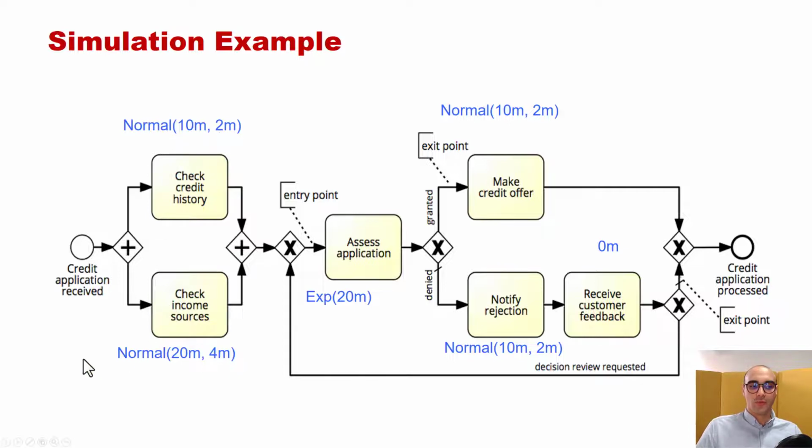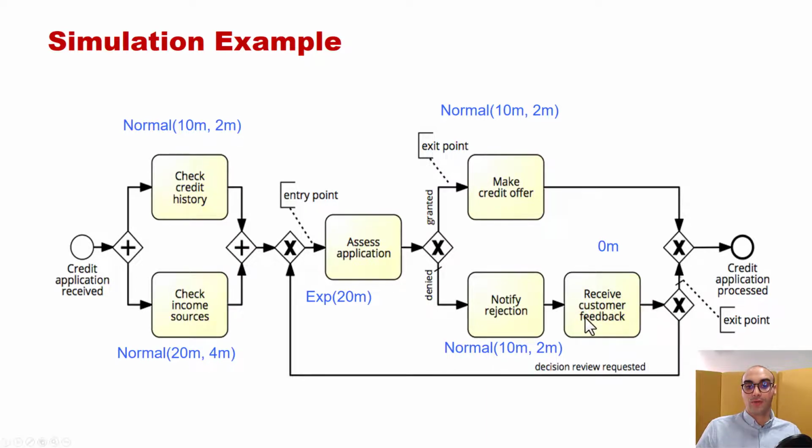The check income sources can be a normal distribution with 20 minutes on mean, and the standard deviation can be 4. The assessment of the application is 20 minutes and it's an exponential distribution. And the make credit offer is 10 minutes and it's normal because it's a robotic one. And the notify rejection is normal because it's also a repetitive one.